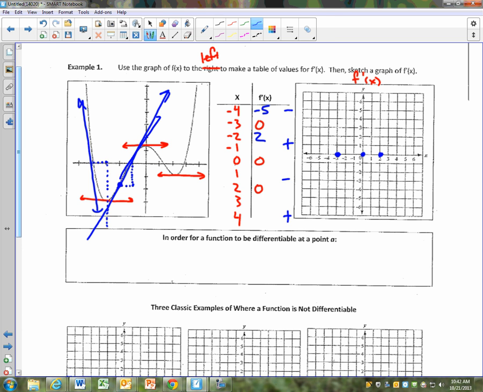If I do negative 1, I could go over 1 and up maybe about 2, maybe a little bit less. We'll put 1.5. We know it's less. It's tough to draw really good tangent lines, isn't it? Yeah. How about at 1? What does the slope look like there? I go over 1 and about down 1. Would you agree it's about negative 1?